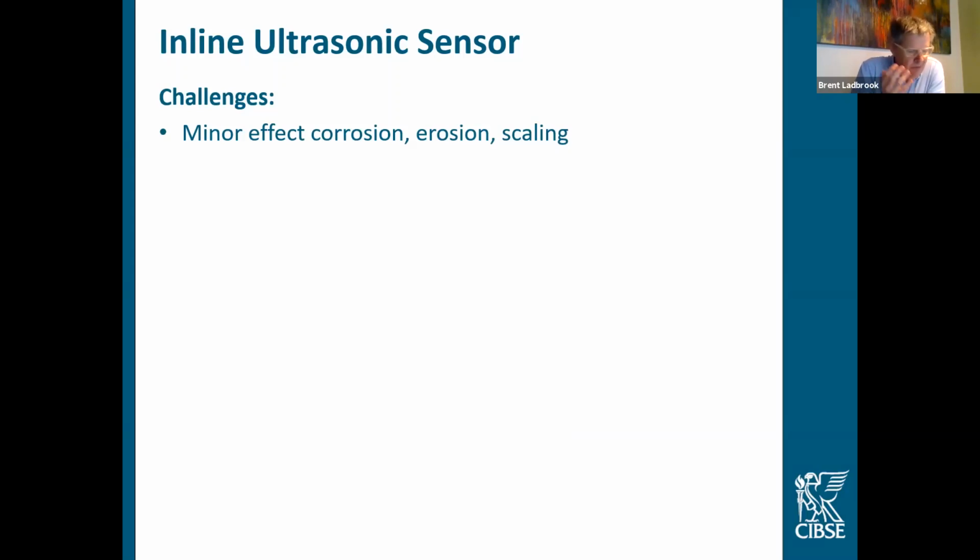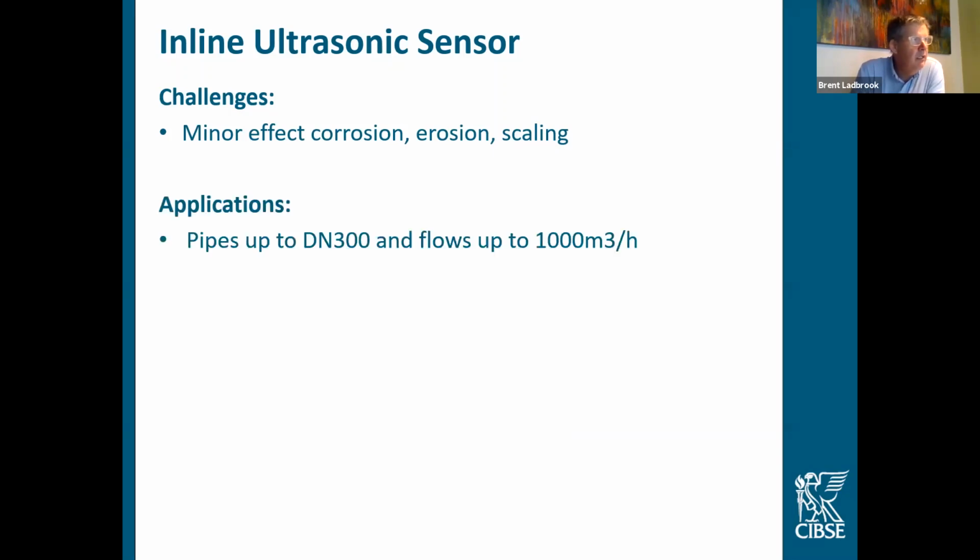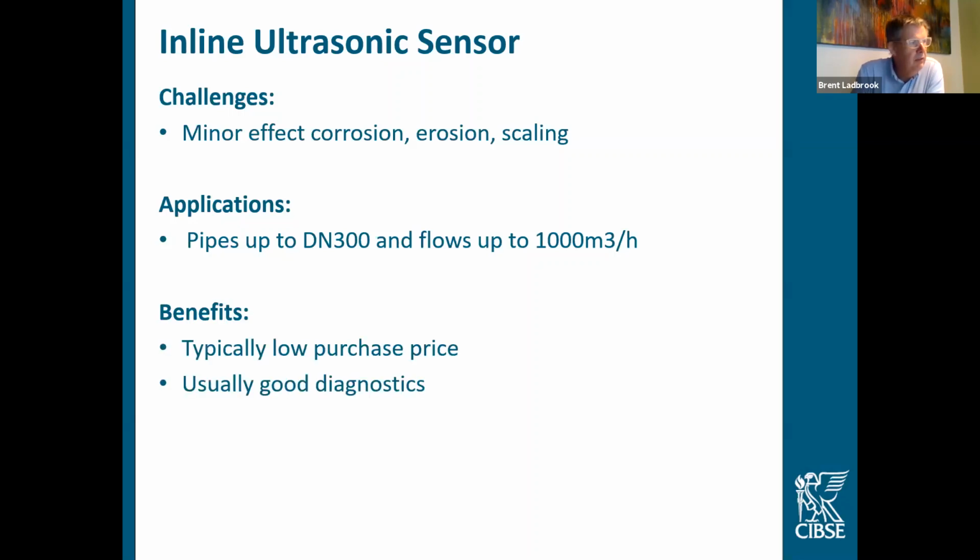But of course there is some very, very minor effect. Applications, inline ultrasonic sensors, available now in sizes up to DN300 and flows up to a QP of 1,000 cubic meters per hour. Typically low purchase price, usually good diagnostics, pretty readily available.